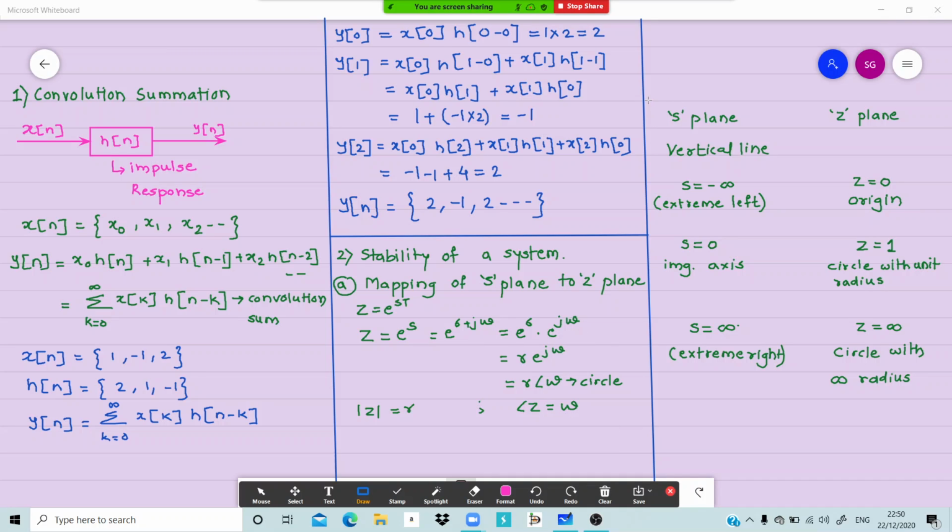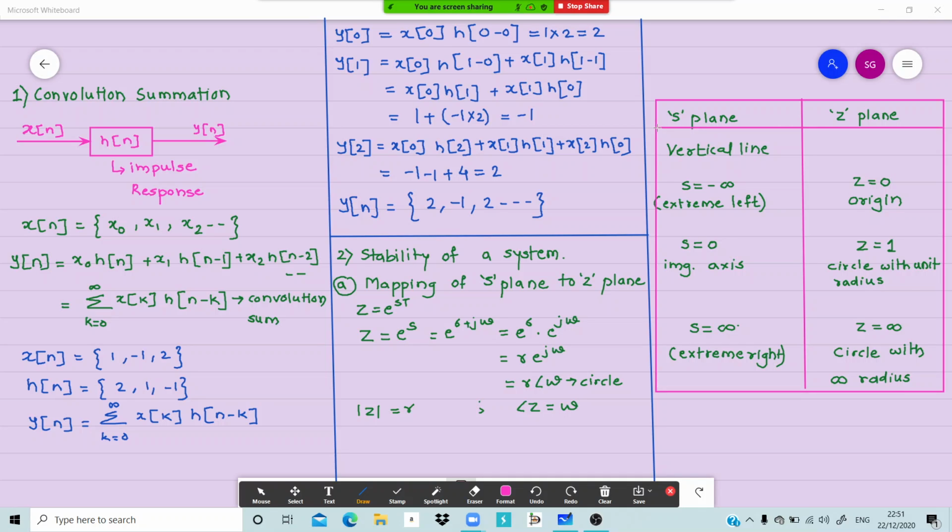Let me draw it in tabular form. Okay. So how these vertical lines are getting represented in the Z plane, we had seen that vertical lines are getting converted into circles.